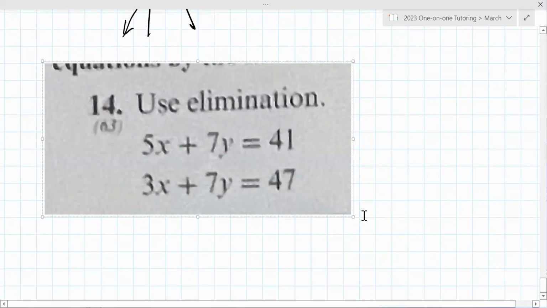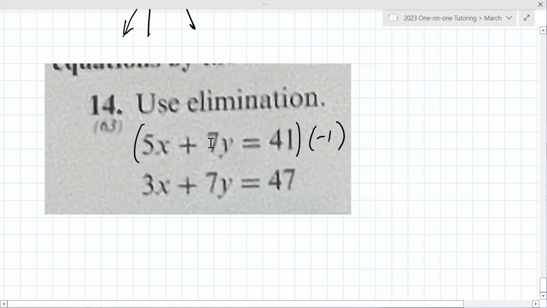All right, use elimination. You want to eliminate the variable that's opposite in sign, if at all possible, or the same coefficient. So see, the 7y's have the same coefficient. We want one of them to now be negative. We really want like negative 7y to add to positive 7y. So in this case, you multiply everything by -1.